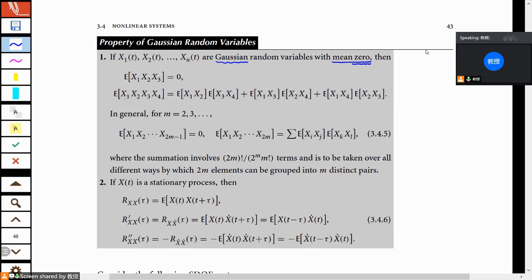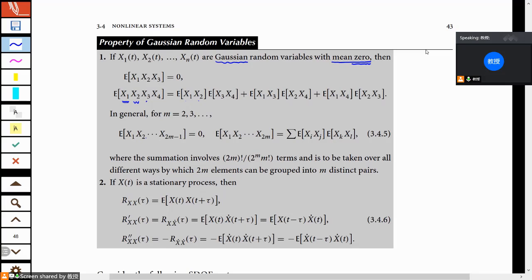The expected value of the product of 4 variables can be expanded like this. Okay, so what we do is you pick up 1 and 2, then you have 3 and 4 left. Then you pick up 1 and 3, then you have 2 and 4 left. You pick up 1 and 4, you have 2 and 3 left.